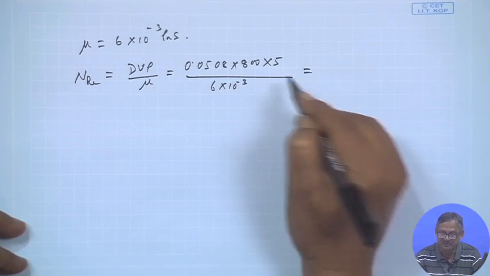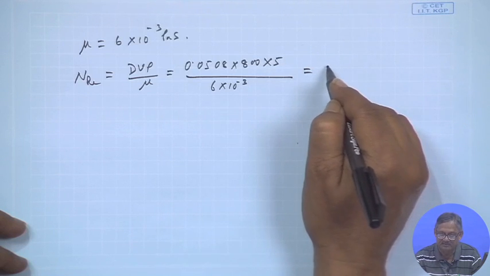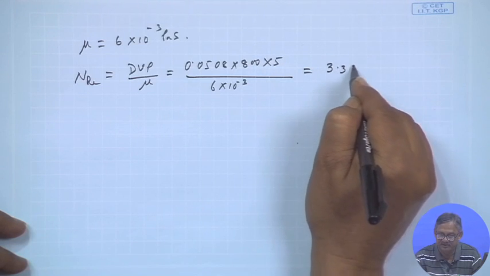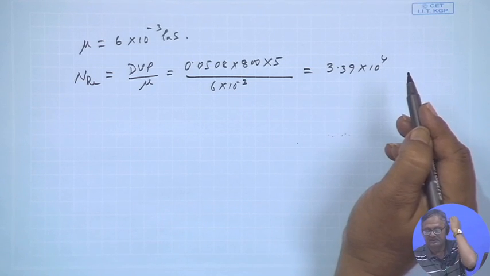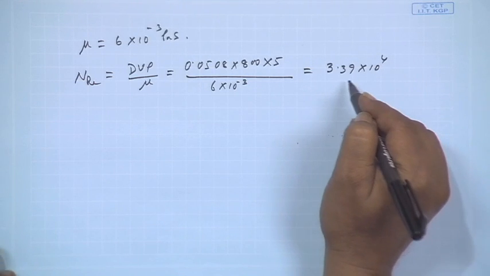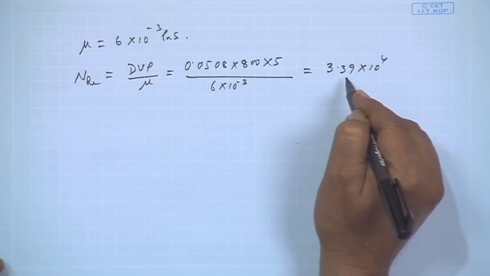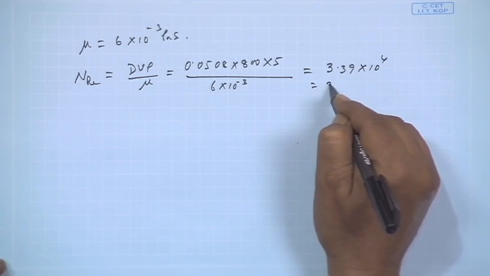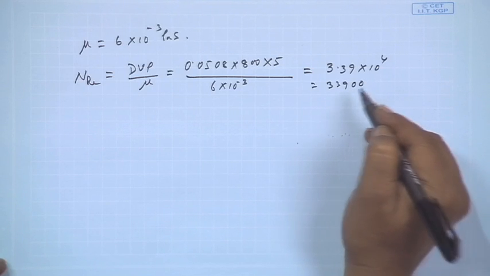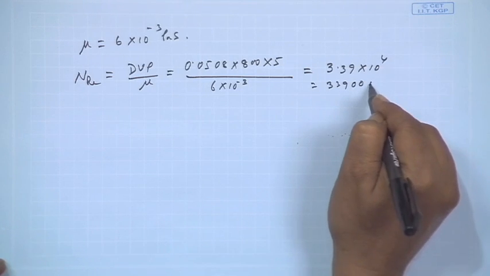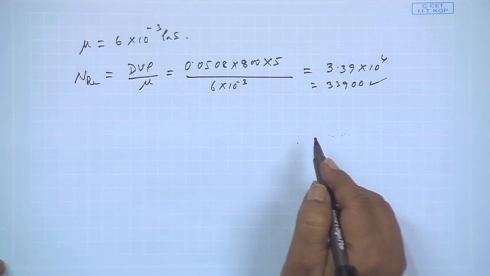So, if we calculate, then it comes to be 3.39 times 10 to the power 4, right. So, it is 33,912, so 33,900 NRE, right.